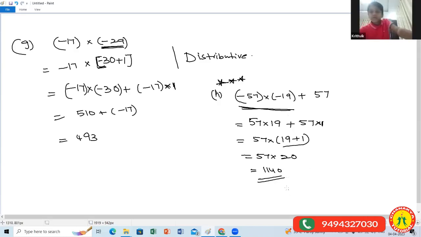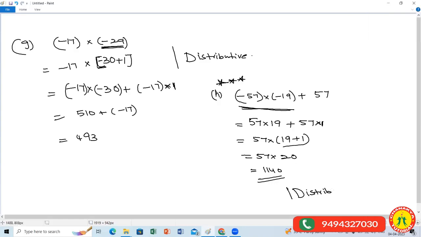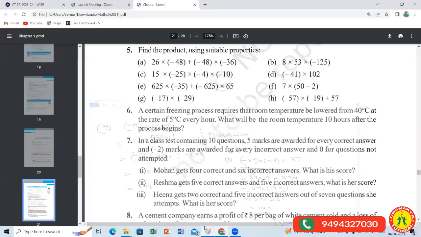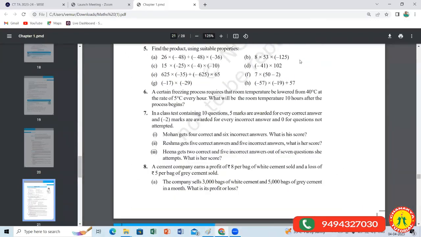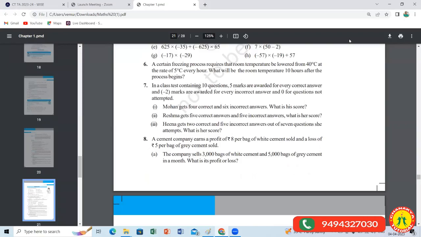Property name. Ma'am, distributive. Hope you understood, children. This completes all 4 properties. Any doubt here? No, ma'am. No doubt. Okay.